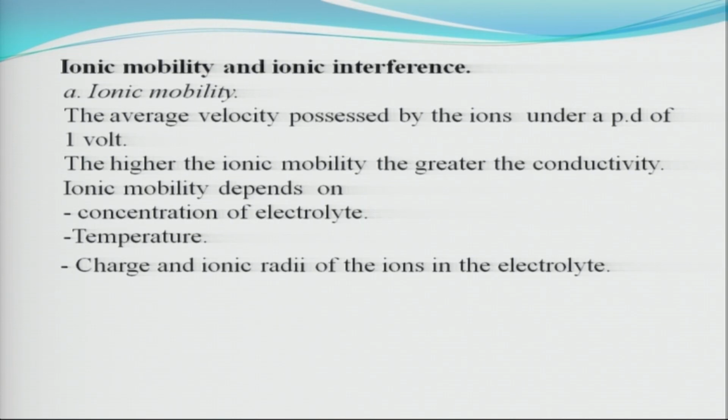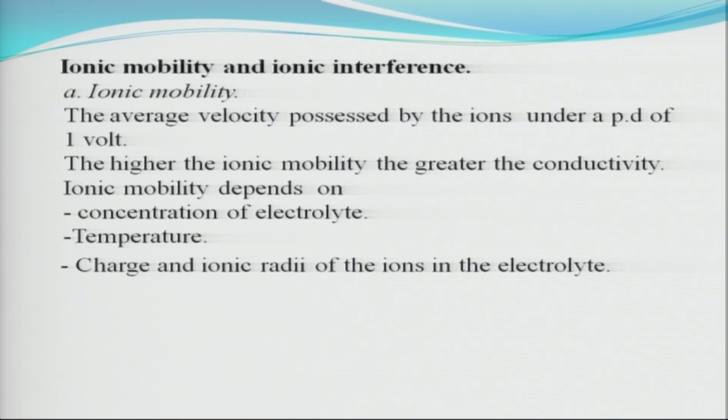Another factor which can affect our ionic mobility is charge. If charge is very high, like for example, when you have aluminium 3 plus, aluminium is having a very high charge.